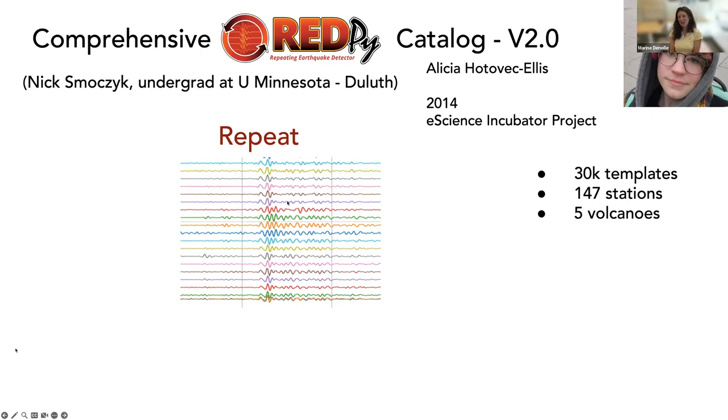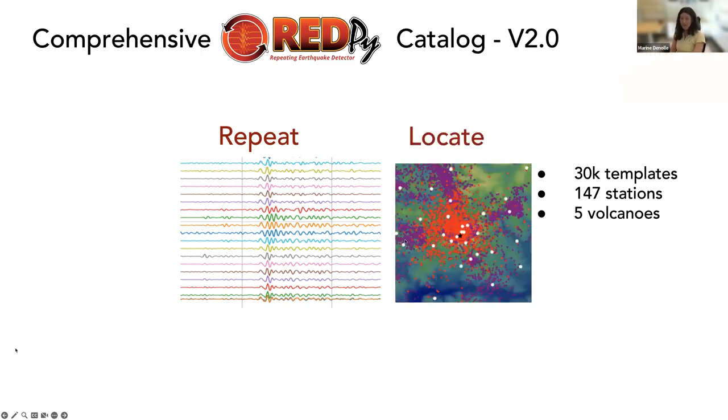What we looked at is we created templates and fingerprints for this data, about 30,000 of them. We're using a lot more seismic stations. We're using 5 volcanoes. We're exploring how they repeat. And it's work in progress. It's very long to analyze, but Nick was able to locate these events also within the volcano. Part of them are volcanic. Part of them may be surface events.